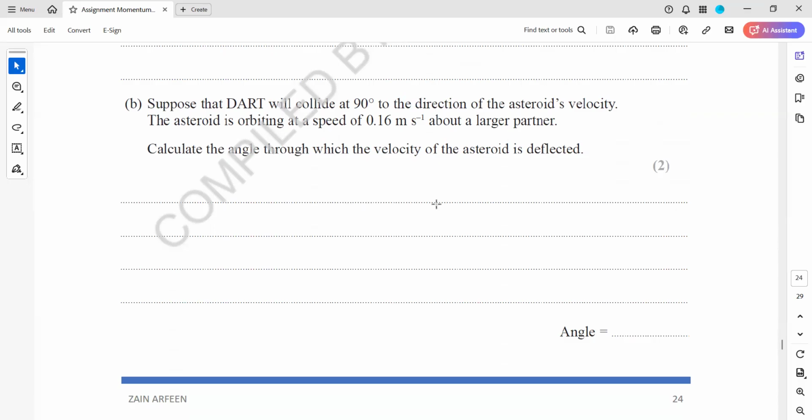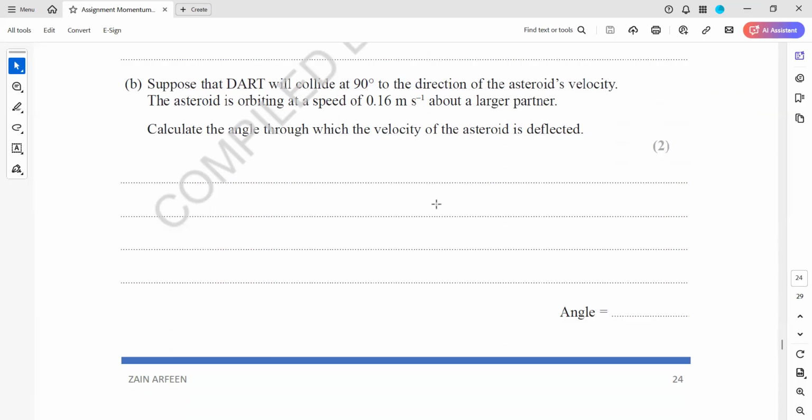The next question: suppose that the dart collides at a 90-degree direction to the asteroid. So let's say the asteroid is moving in this way and the dart is colliding at 90 degrees.